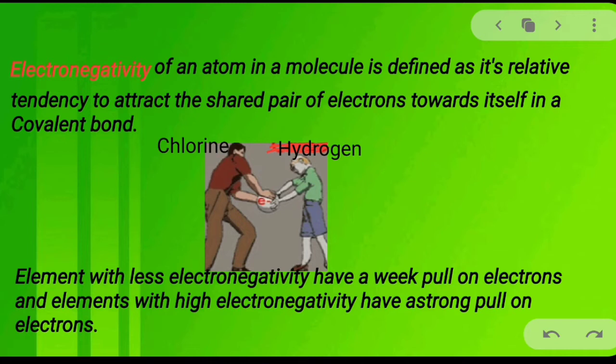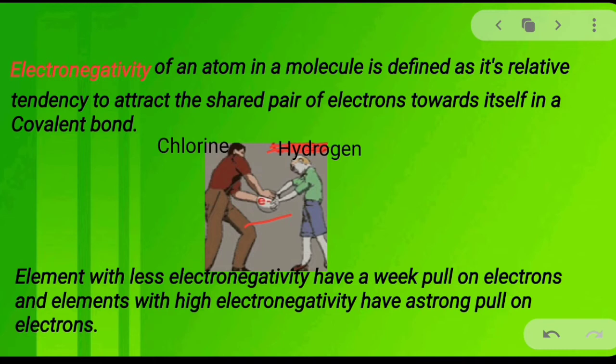You can see here the chlorine and hydrogen atom share one pair of electrons, and of the two, the tendency of attracting the shared pair of electron is more in chlorine, so chlorine can attract the shared pair electron towards itself, and that tendency is known as the electronegativity.